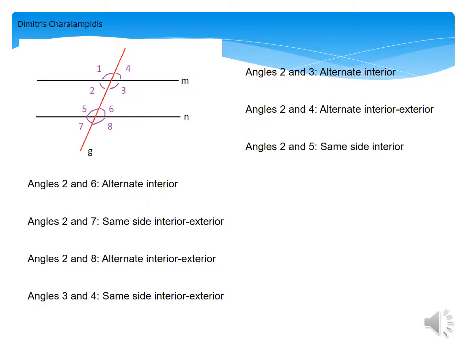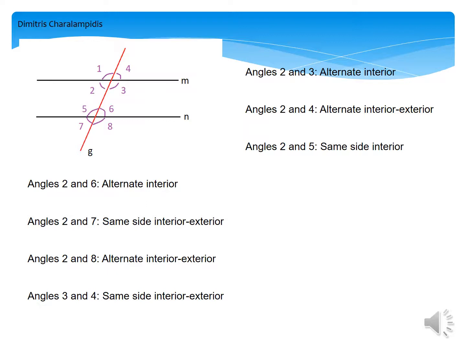Angles 2 and 7. These angles are same side because they are at the left of line G, and interior-exterior because angle 2 is between the parallel lines while angle 7 is outside of these lines respectively. Angles 2 and 8. They are alternate interior-exterior angles.